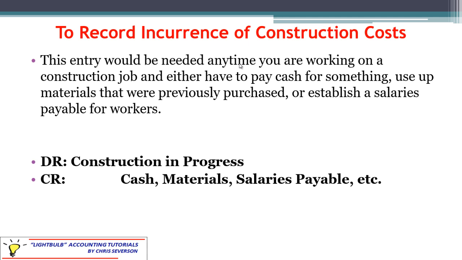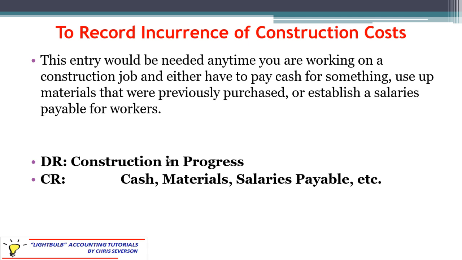First of all, if you incur some new construction costs, then what you're going to be doing here is debiting this construction in progress, which is kind of like just an asset or a temporary asset account, if you want to call it that. And what this is doing, it's recording both the cost you're incurring plus the profit you're recognizing.